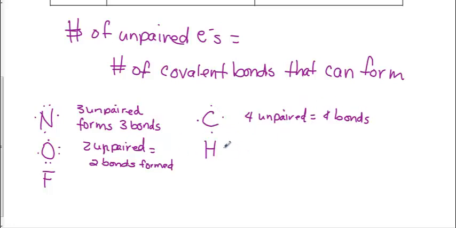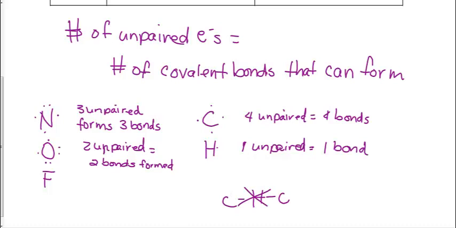Okay. Hydrogen has 1 unpaired, and can only form 1 bond with something. That's it. Cannot be like this. Let's say. All right, that cannot happen. So we're going to erase that.